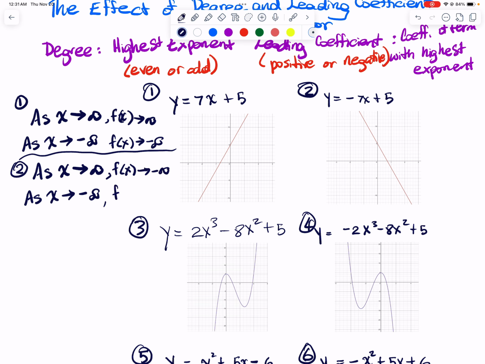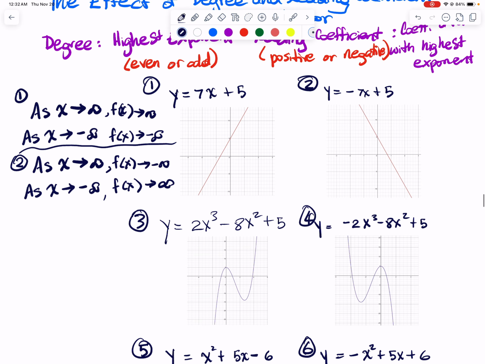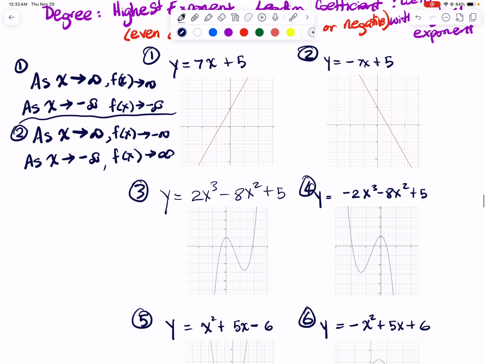And in this case, as x is going to the left, notice y is going up, which means that f of x approaches positive infinity. We don't have to write the positive, but we know if we don't see a sign, that means it's positive.